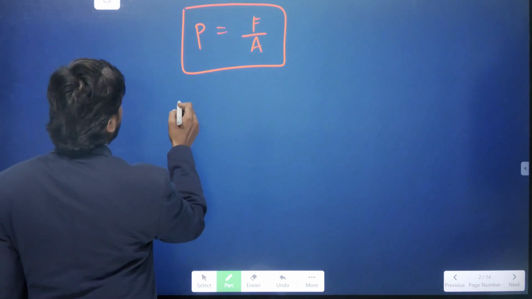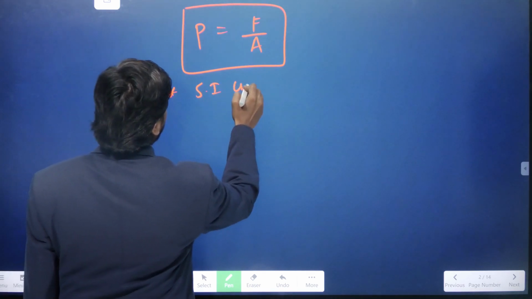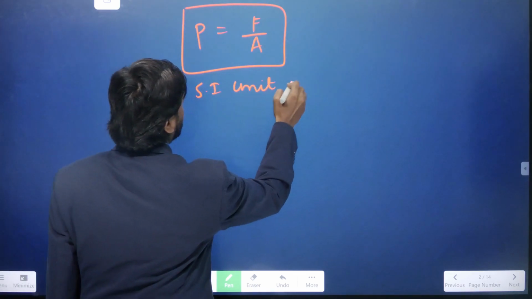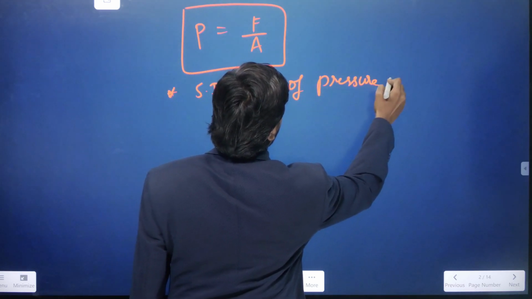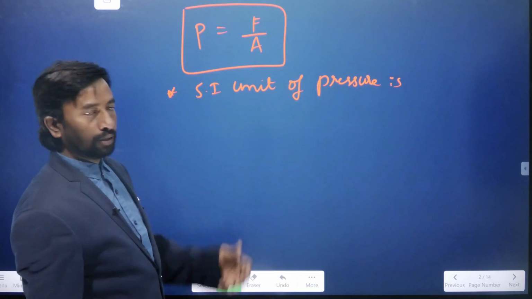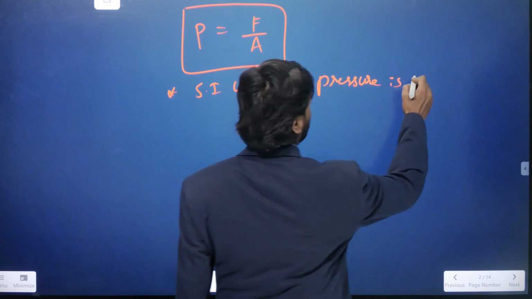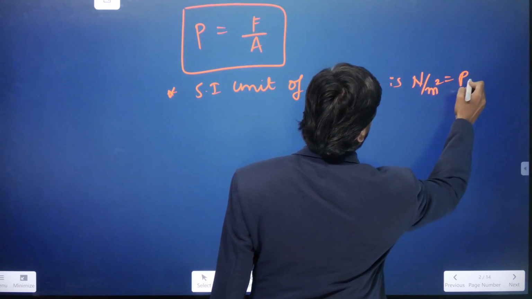The SI unit of pressure: force is measured in newtons and area in meter square, so it becomes newton per meter square. This newton per meter square is also known as a pascal.